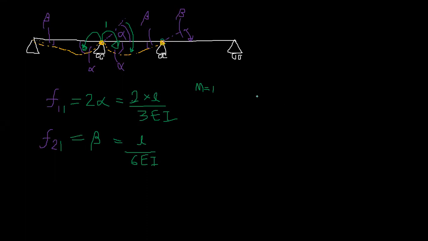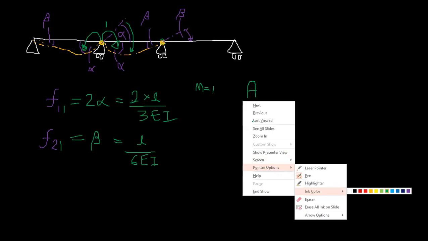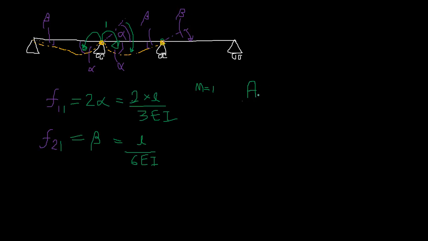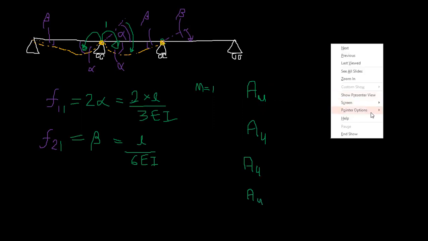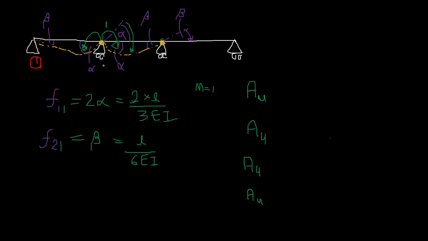So now we need to find the actions as well. My action coordinate is different, right? So my action coordinates: this is 1, this is 2, RB, this is 3, RC, this is 4, right?